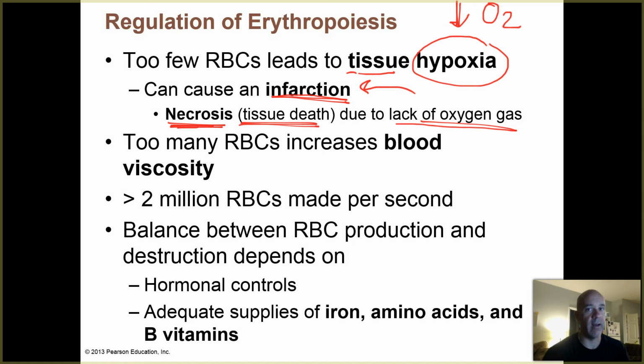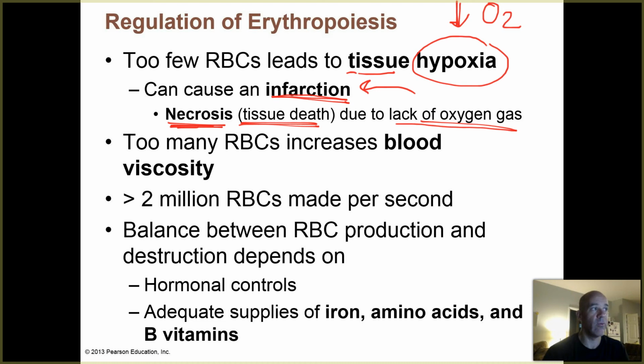We will hear that again in the next chapter when we learn about the heart, because if this happens in the heart, it's called a myocardial infarction. That's another name for a heart attack. That's what happens when people suffer those. It's due to the oxygen gas supply being cut off to a portion of the wall of the heart, and the heart can't beat as well due to that.